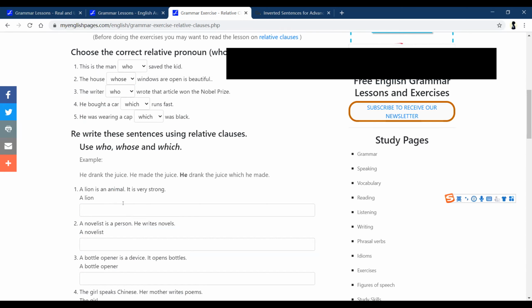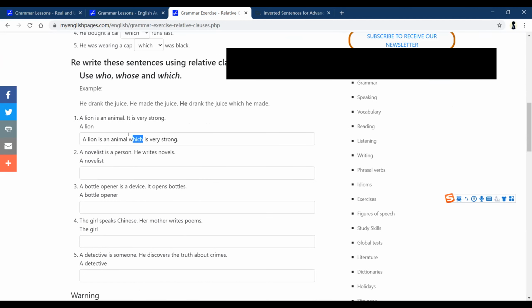So it should be a lion is an animal which is very strong, and which is referring to an animal, which is lion. For the next one, a novelist is a person. She writes novels.